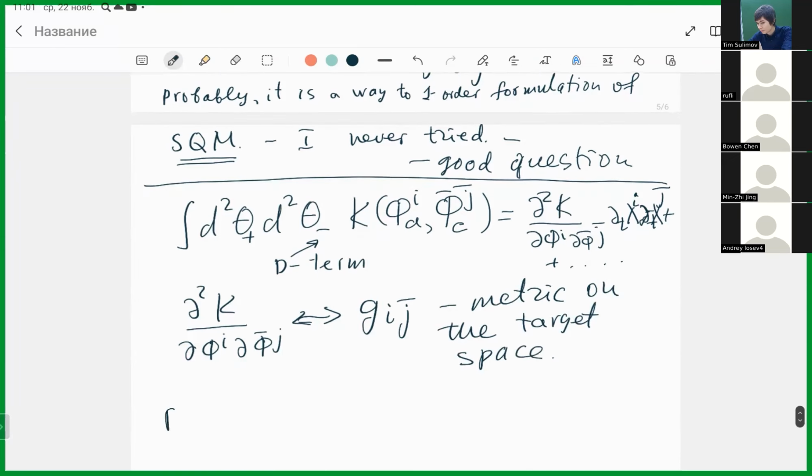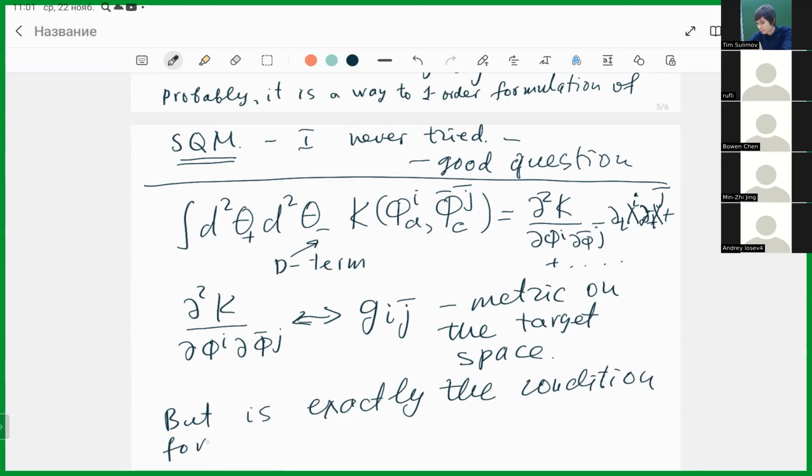But it is exactly the condition for metric to be scalar.